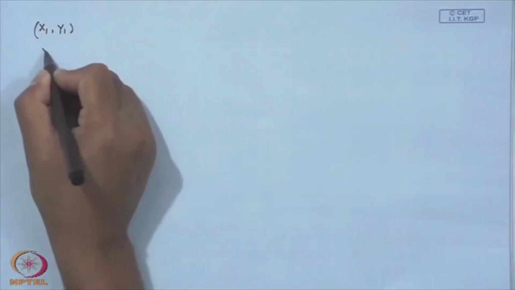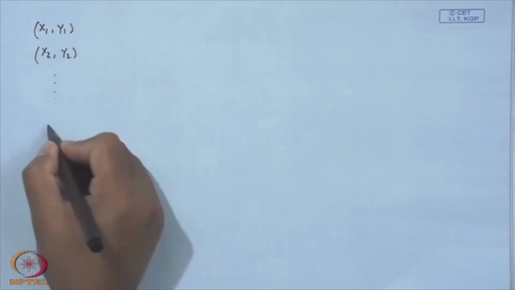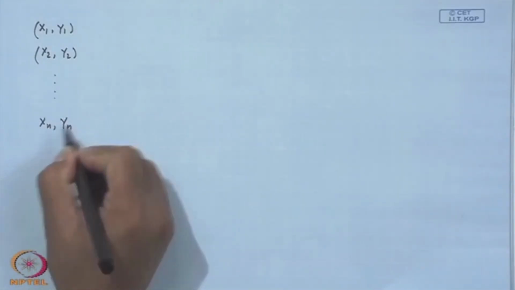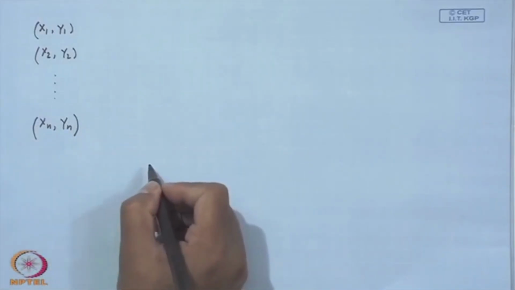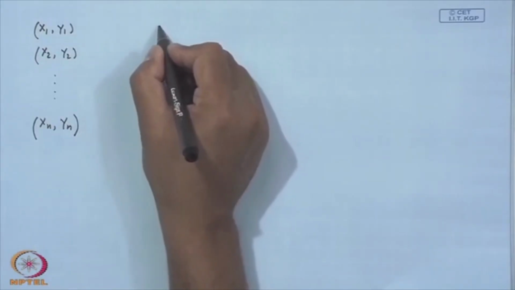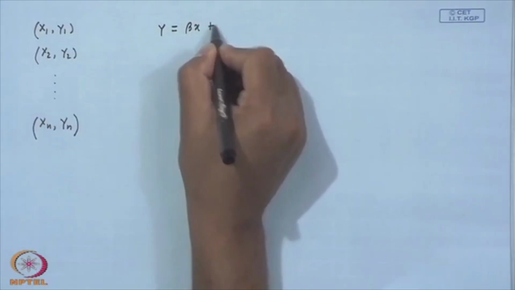What we are given is a set of data (x 1, y 1), (x 2, y 2) and (x n, y n), and we want to fit a non-intercept model like y equal to beta x plus epsilon.